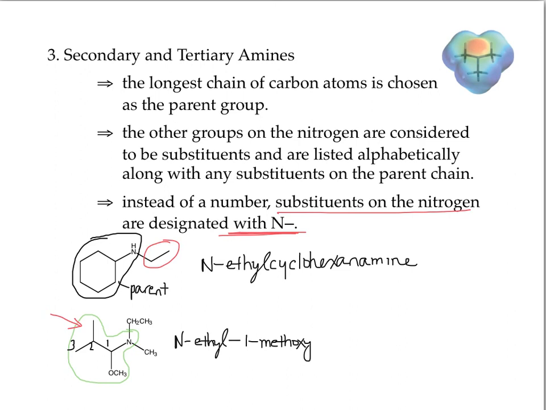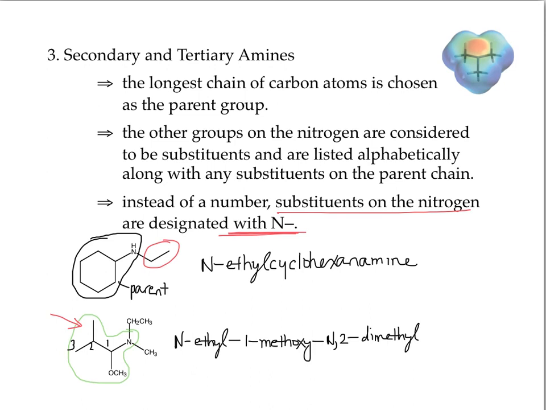Then we have to deal with these methyls. There are 2 of them, so it's a dimethyl. As far as where they are, 1 is on the N. We go N, comma, and 1 is at number 2, so it's N,2-dimethyl. You could go 2,N too, it doesn't really matter.